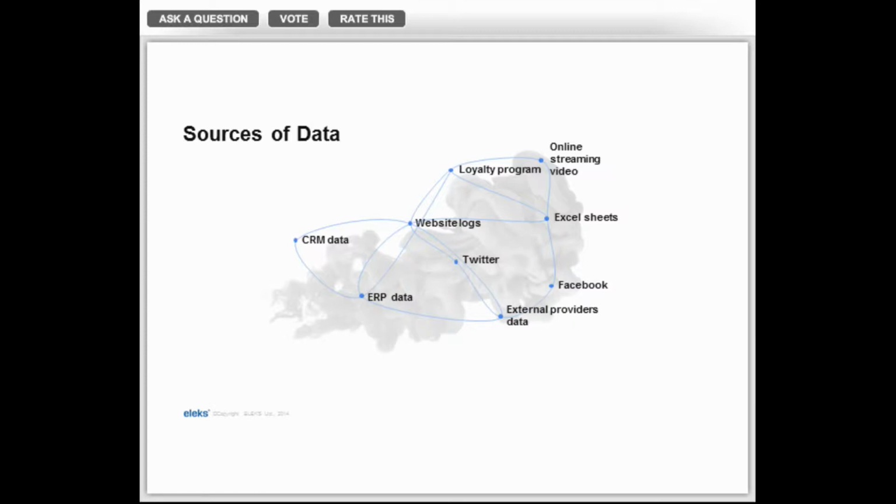External sources are such as Twitter feed, Facebook feed, and external data providers. For example, you can buy a lot of data from Thomson Reuters or other companies. This data might be structured and unstructured. Structured is an Excel table or an SQL database. Unstructured is a Twitter feed, or videos, or mostly pictures.